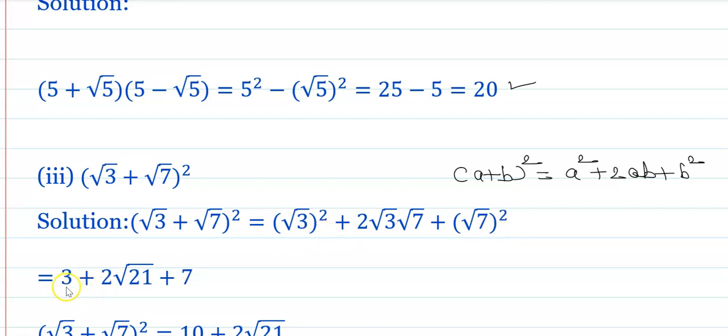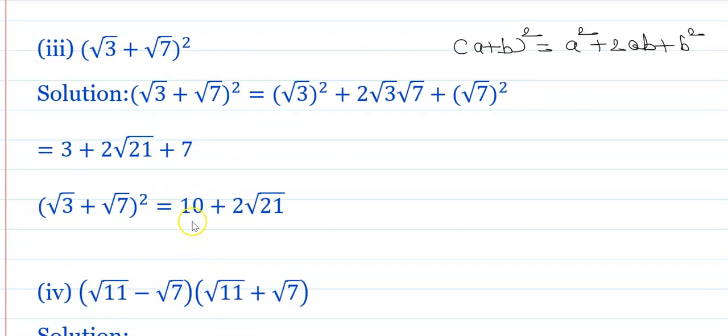Root 3 square means what? 3. 2 into root 3 into root 7, that is 2 root of 21. Root 7 square means what? 7. 7 plus 3, you will get here 10 plus 2 root of 21, and hence the answer: root 3 plus root of 7 bracket square is equal to 10 plus 2 root of 21.